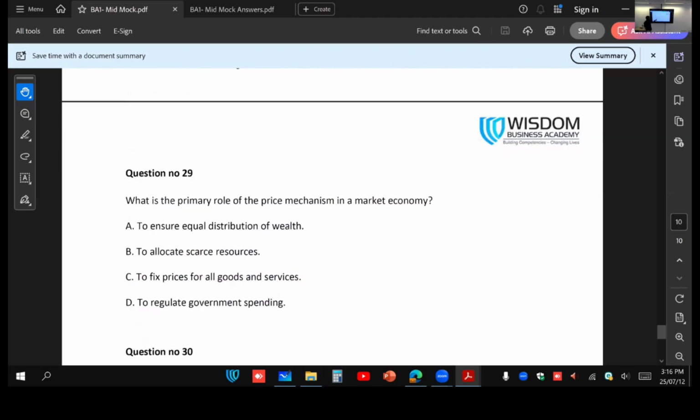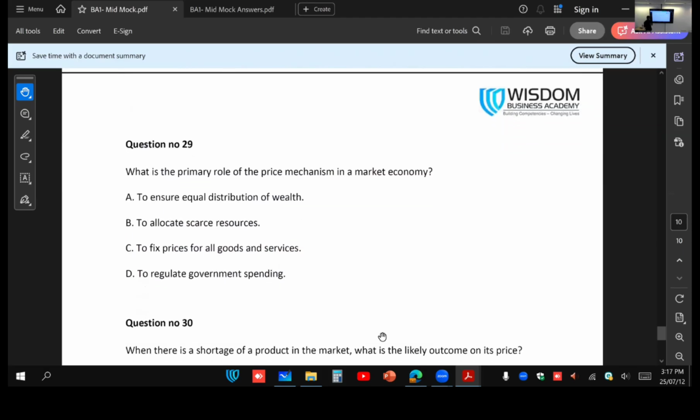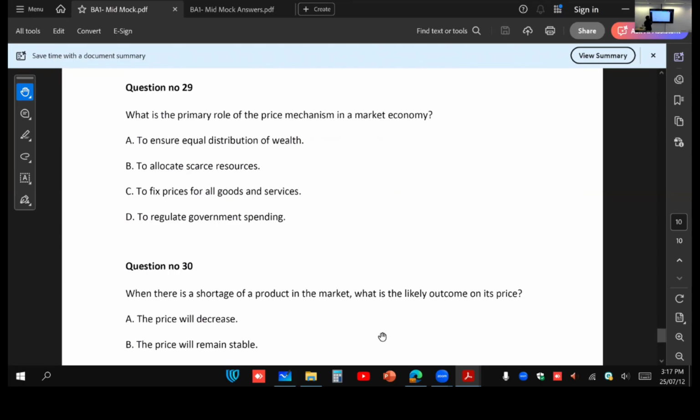Primary role of the price mechanism in a market economy. What do you think? Out of these 4: to ensure equal distribution of wealth, to allocate scarce resources, to fix prices for all goods and services, to regulate government spending. Price mechanism.